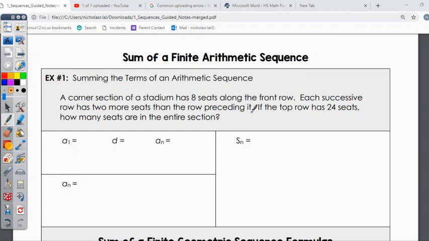This should look like a familiar problem. The top row has 24 seats. How many seats are in the entire section? All right. So how many seats are in the first row? 8. All right. What's the common difference? What's d equal to?